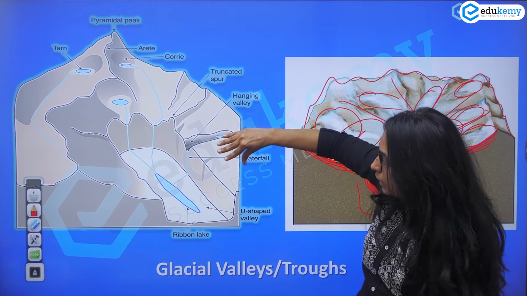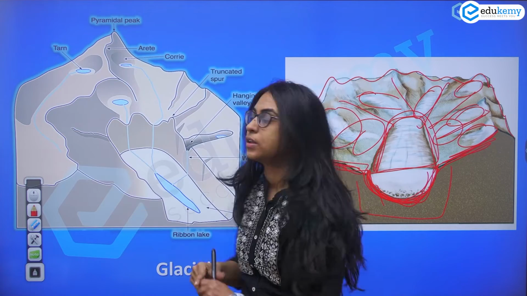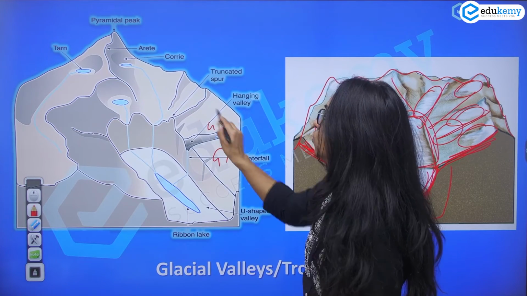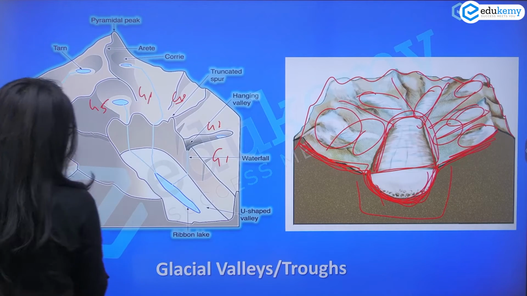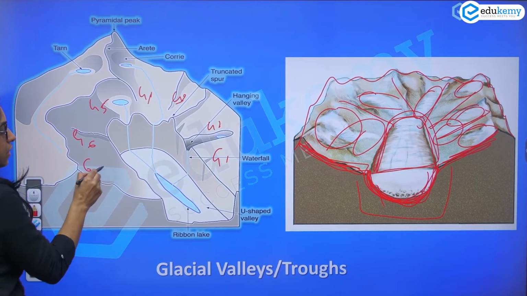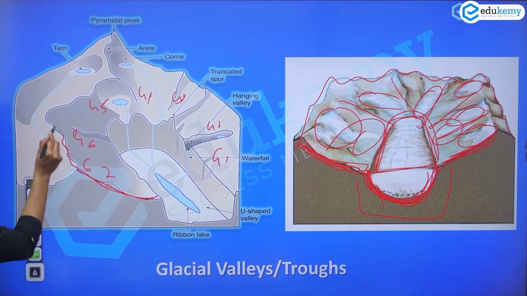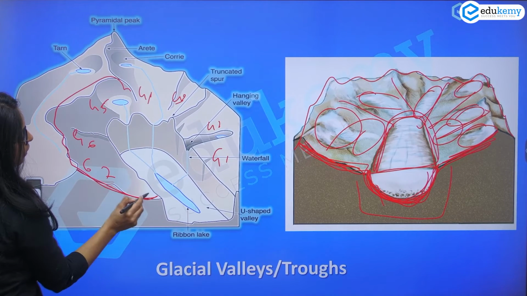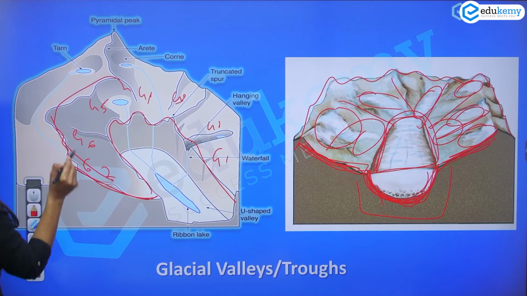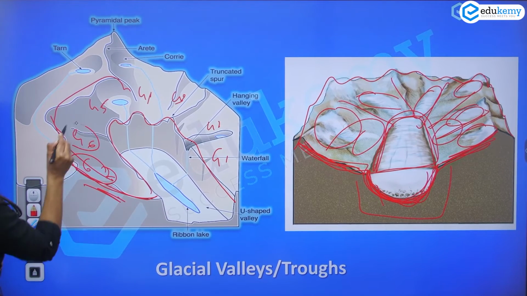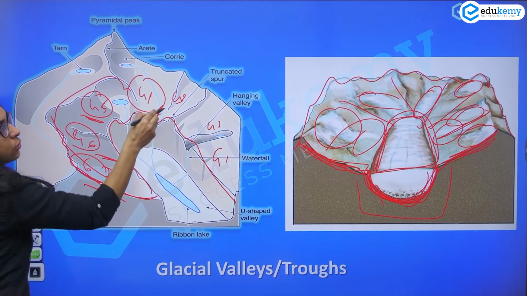Imagine glaciers G1, G2, G3, G4, G5, G6, G7. As they are moving, they are eroding this part.